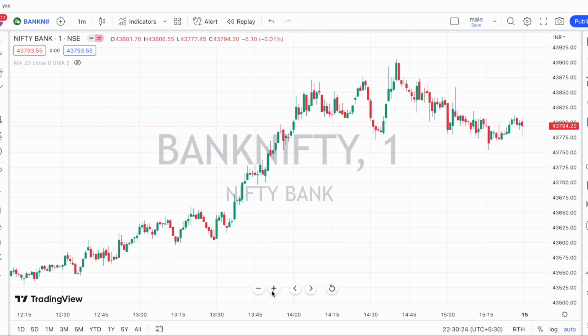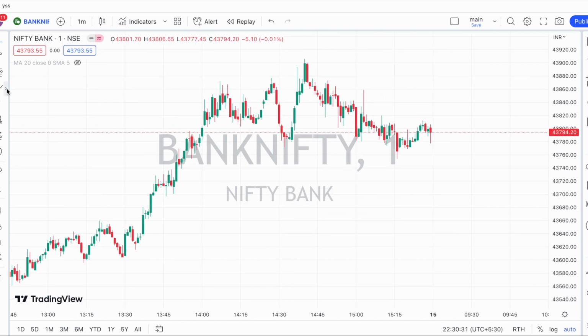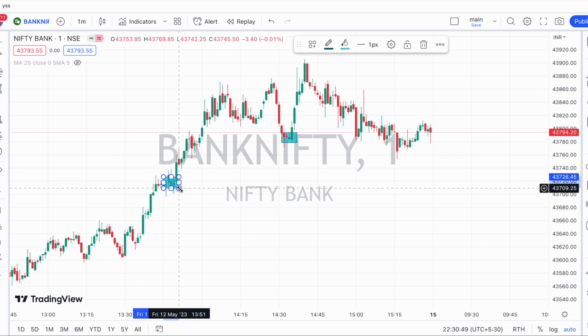So this is the 1 minute formation, and we have already discussed what a build-up is, right? If you look at this particular structure, this is a long build-up. We're going to focus on only long build-ups. So let's find how many long build-ups we have in this area on the screen.